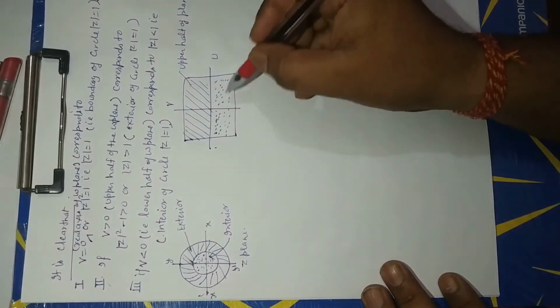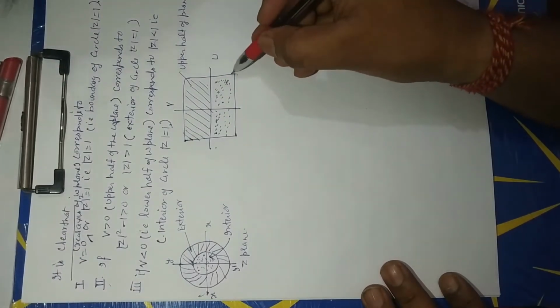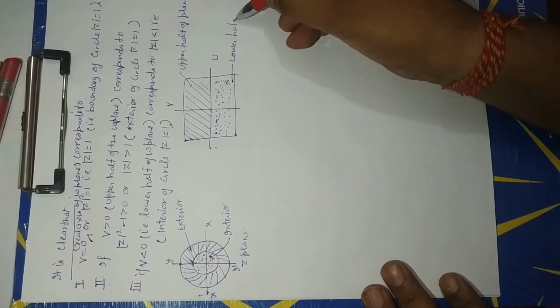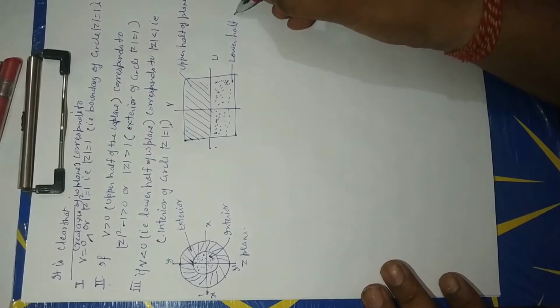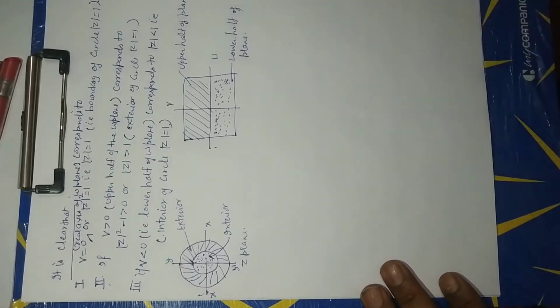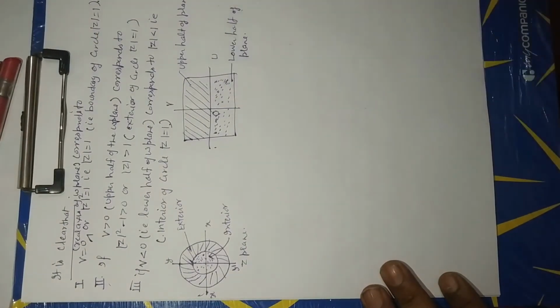The interior area of the z plane corresponds to the lower half plane of W. This is equal to 0.